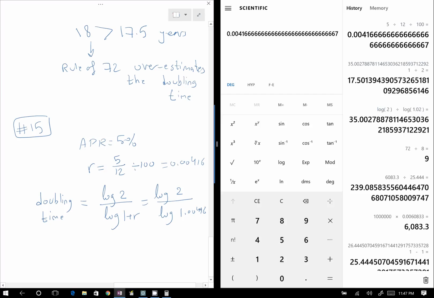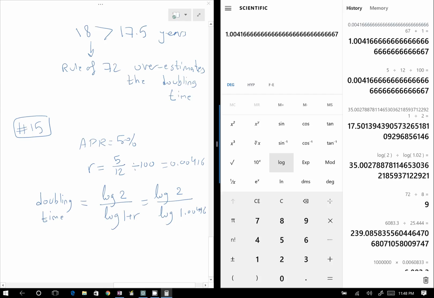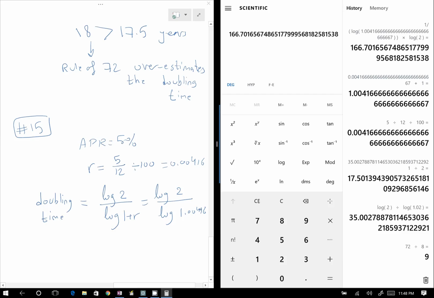So I already have this: add 1, take the log of this value, then the inverse of this multiplied by log 2. The answer is 166, and again the r is a monthly rate, so the answer would be 166 months.